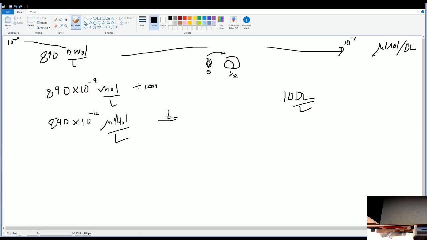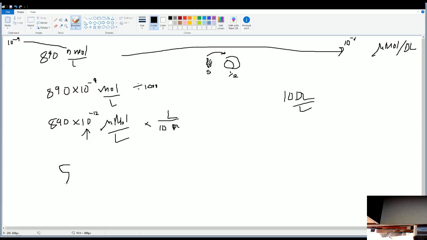It's in the bottom here. Then you put 10 deciliters, and that's basically your number divided by 10. Dividing a number by 10 makes it smaller by 1 order of magnitude.